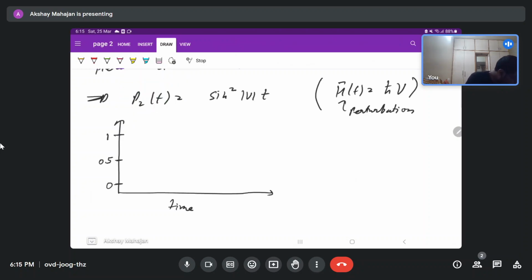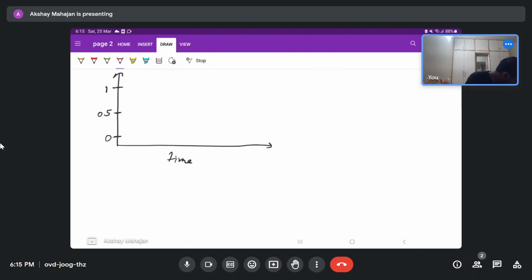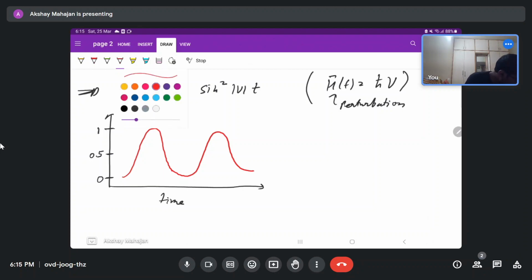So this is our P2(t). Initially P2(t) is 0. At t equals 0, we have taken P2(t) as 0. Since this will be a sine function, it will go like this. This will become 1 even if the perturbation is very small. Alright, so it will go from 0 to 1 and so on.